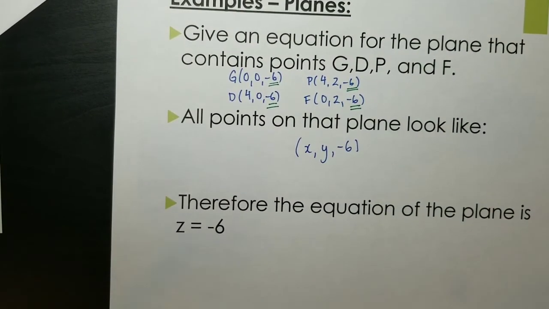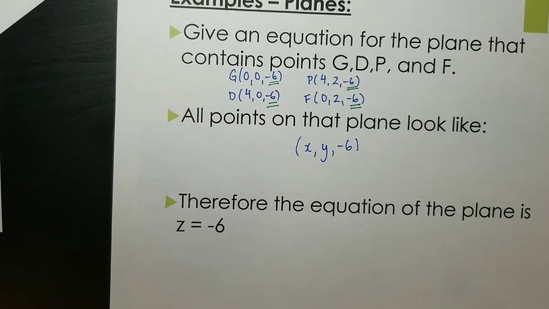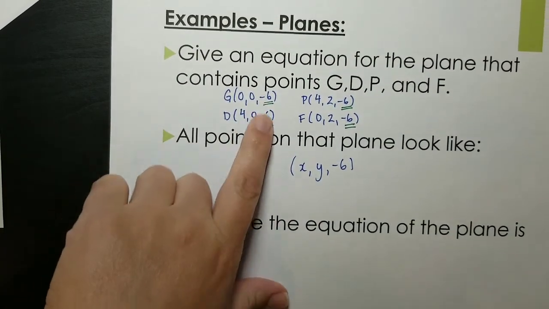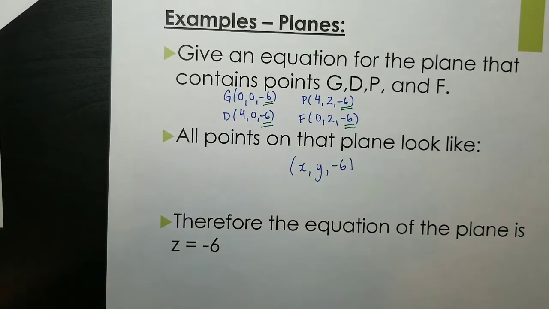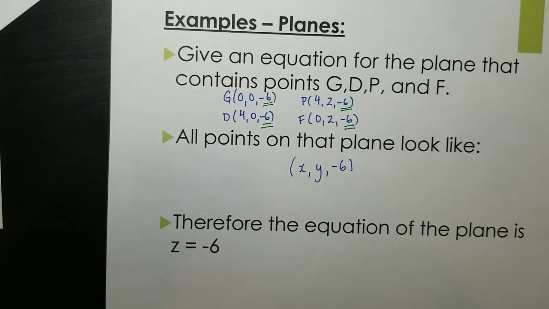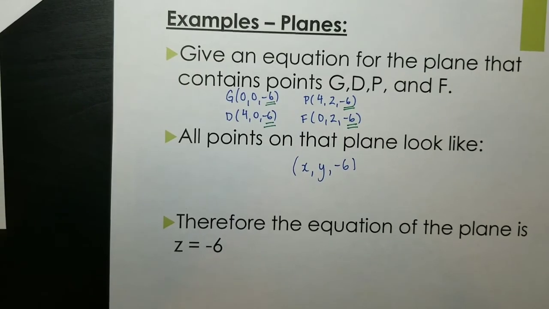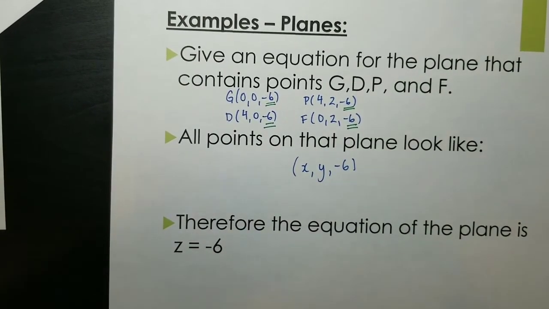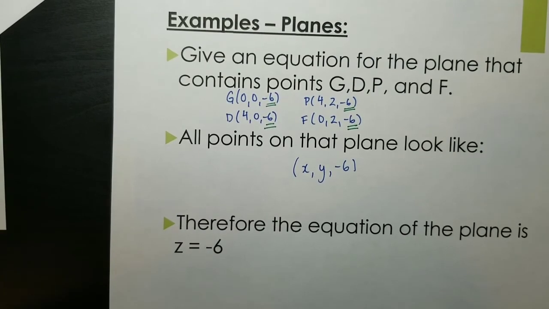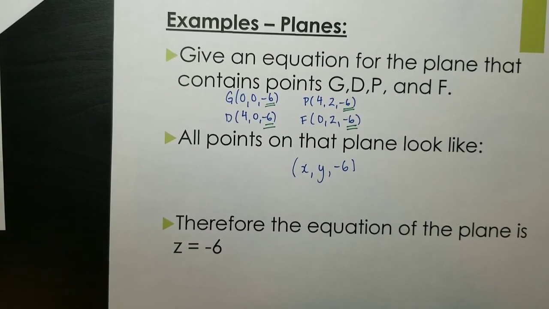So in this unit, this won't be true in unit 3, but for now, you guys will be expected to find the equation of planes only if the equation of a plane is recognizing one constant value. So the equations of the planes you might find are Y equals 3, or X equals 0, or Z equals -6, stuff like that. You list out the points you know on that plane and recognize which value, the X, Y, or Z, is a constant number.